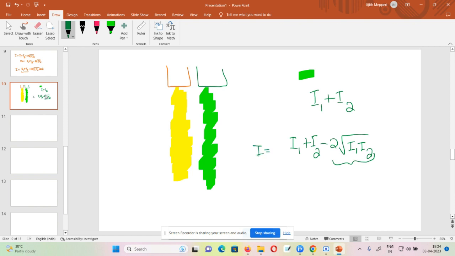This intensity I dash will always be less than I1 plus I2. So if you switch on two lights in a room, actually the intensity can be lower.